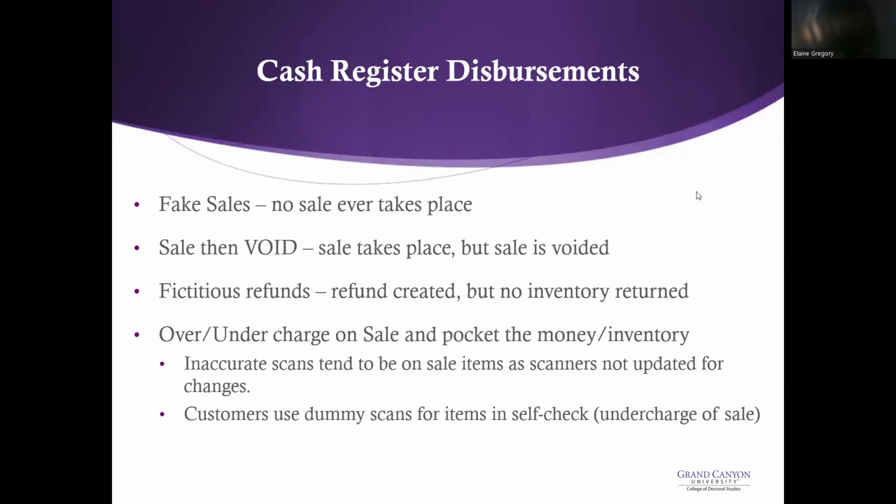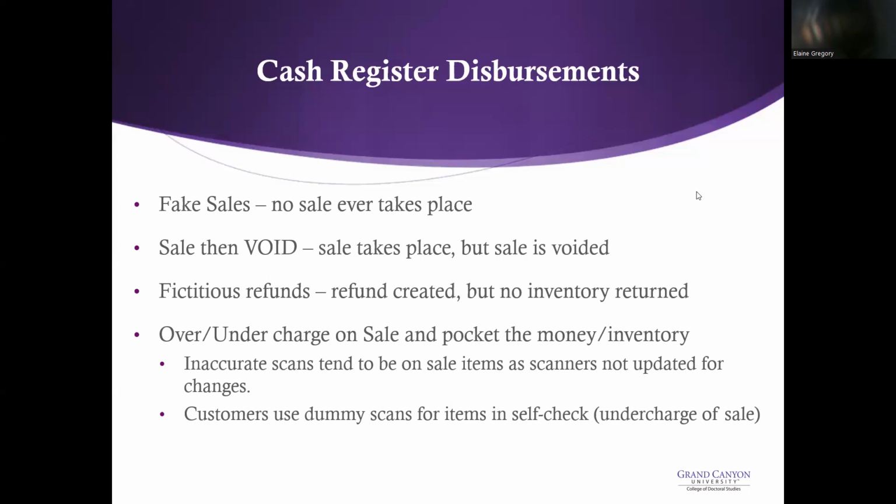Another cash register disbursement scheme that goes on is sale and void. You have the sale, you take the cash, you don't put it in the cash register, you set it down. You give them the register tape, there you go. Then you pocket the cash and hit the void.